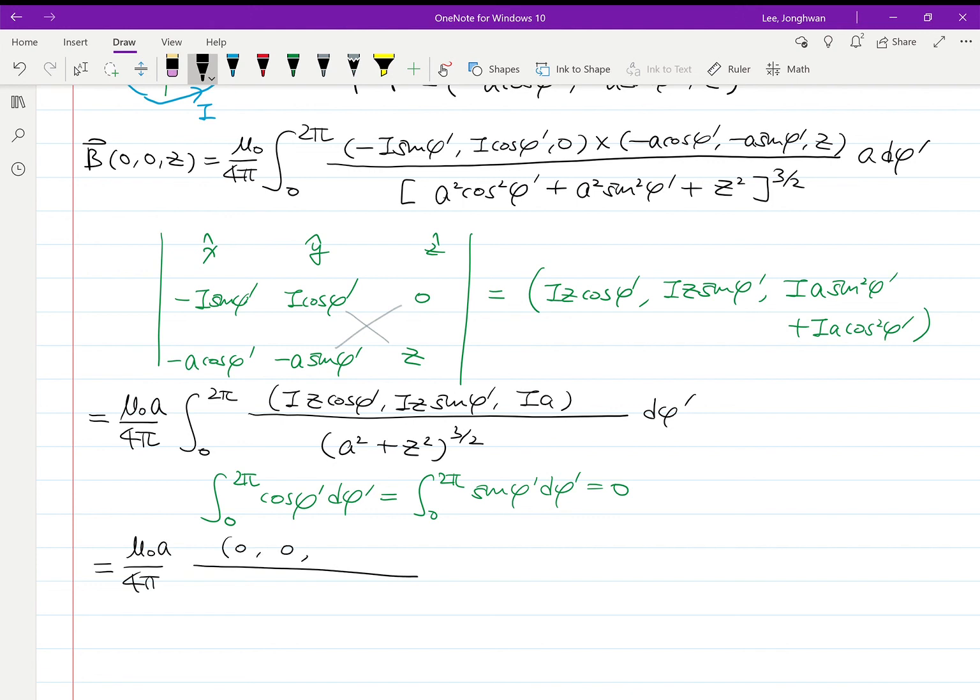And if we do the integral of the z component, these are just constants, so I a times 2 pi. And this is only the z component, so it's only z hat as a direction. Okay.